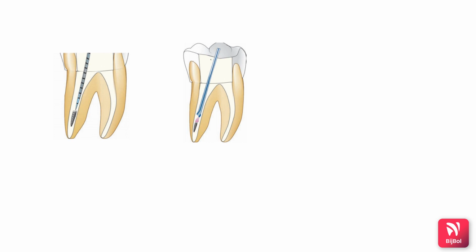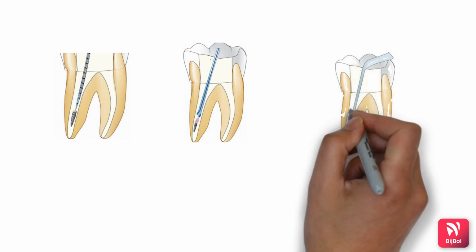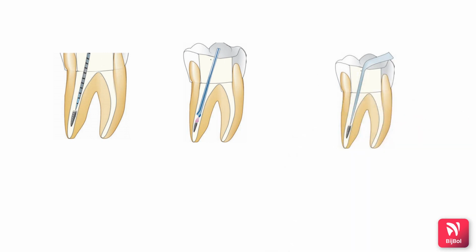This is the way the platform is created, which enables visualization of the broken fragment. Thereafter, a small-tipped ultrasonic instrument is used in a counterclockwise motion to loosen the file. And irrigation combined with ultrasonics can frequently flush the file out.